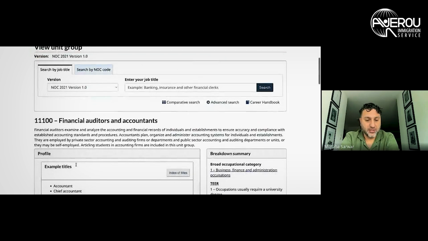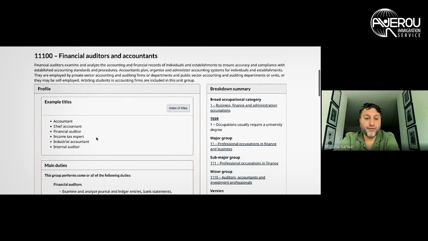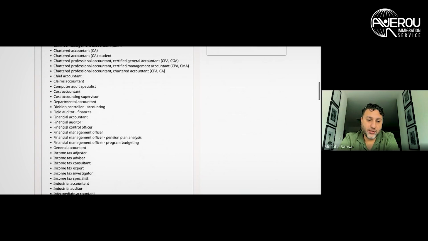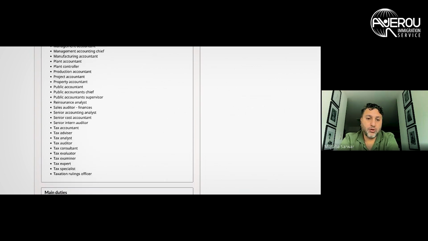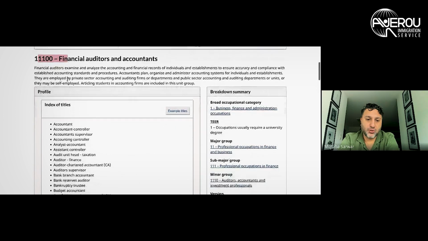So let's take the example of financial auditors. How would you know if you are an accountant? For example, if you're a bookkeeper or an accountant and you're not sure, how would you know? Well, the first thing to look at is the example titles, and here is the index of titles. All of these job titles, right, would qualify under this NOC code.